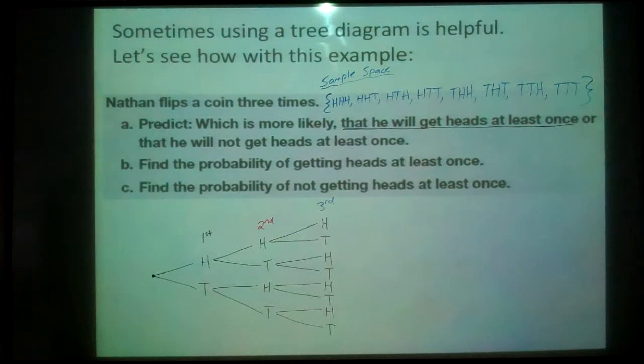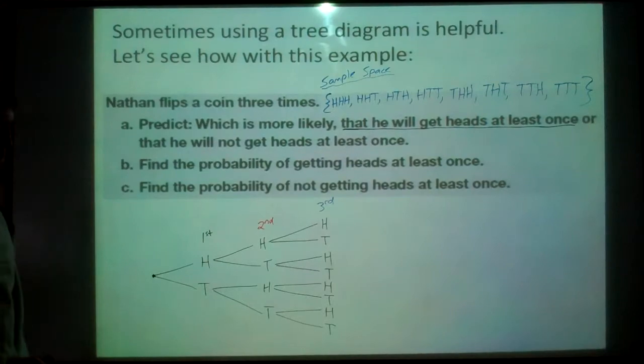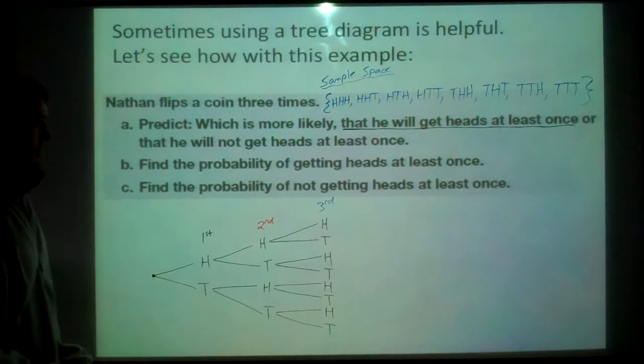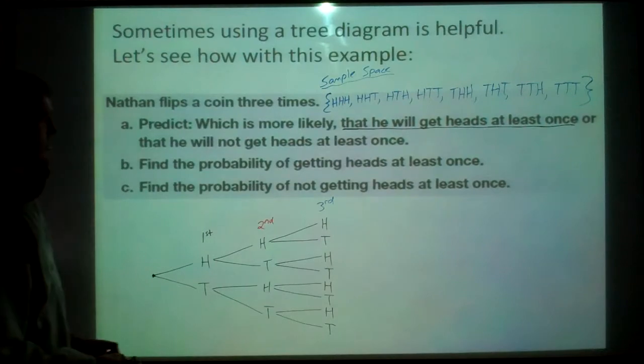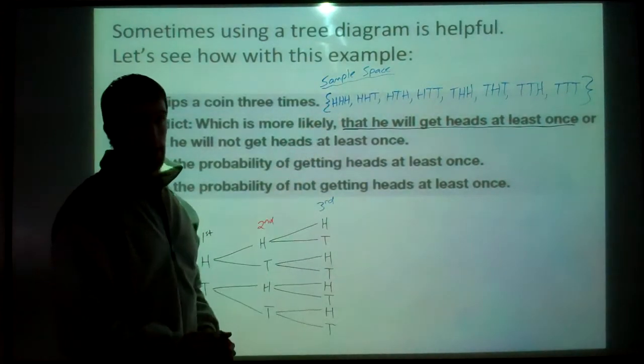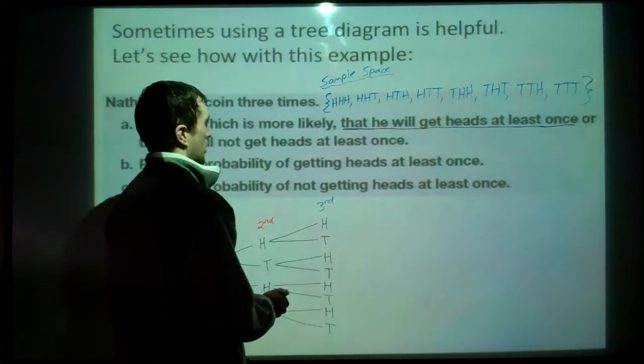So we, or at least I, predicted that we will get heads at least once, as opposed to not getting a heads at all. So let's see what our actual probability of getting heads at least once is. If we get a heads at least once, we should see at least 1 H in here.